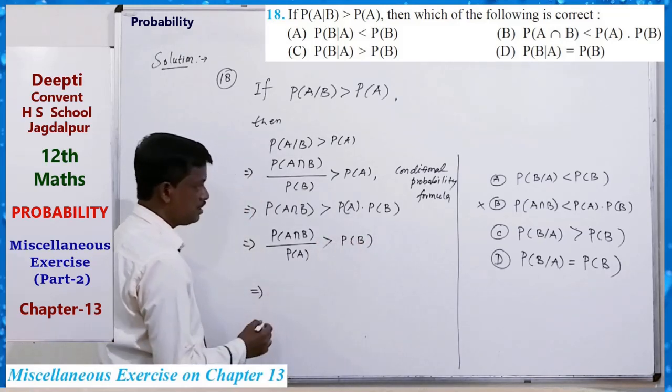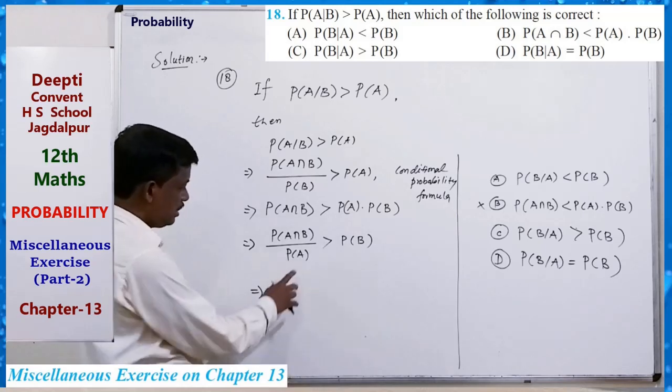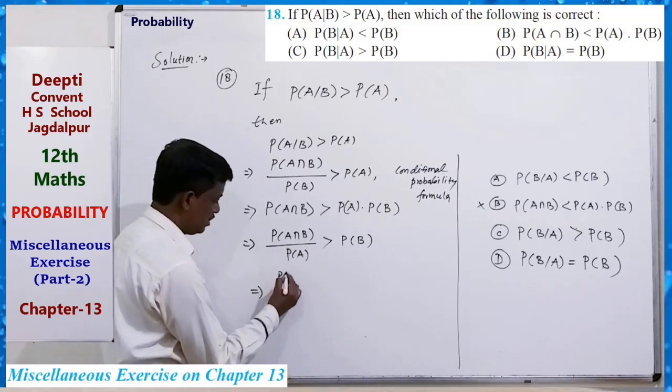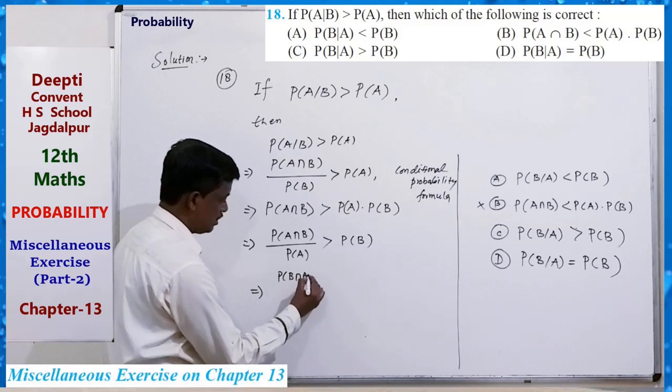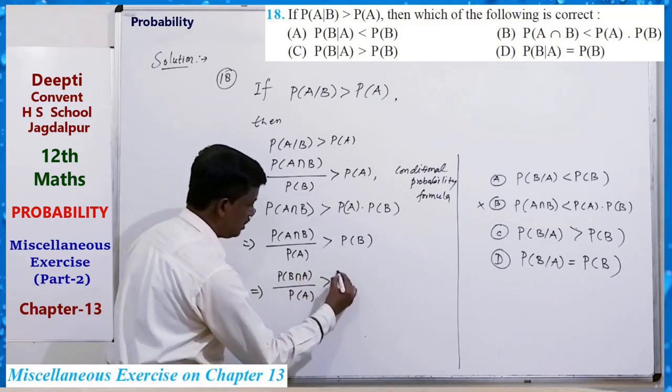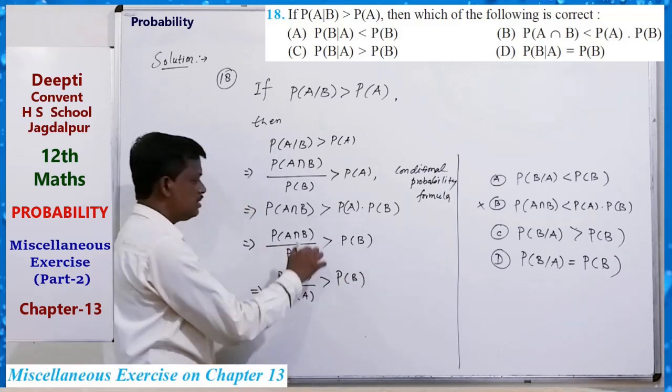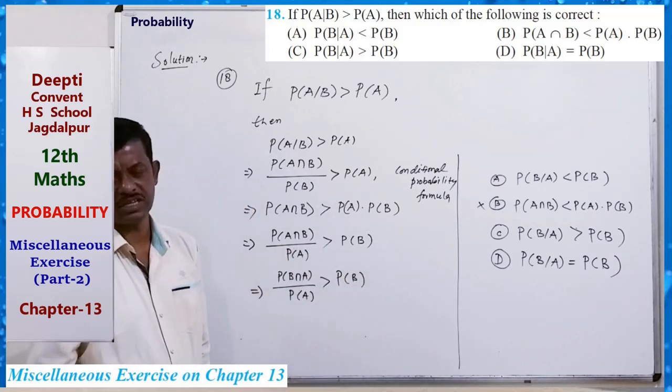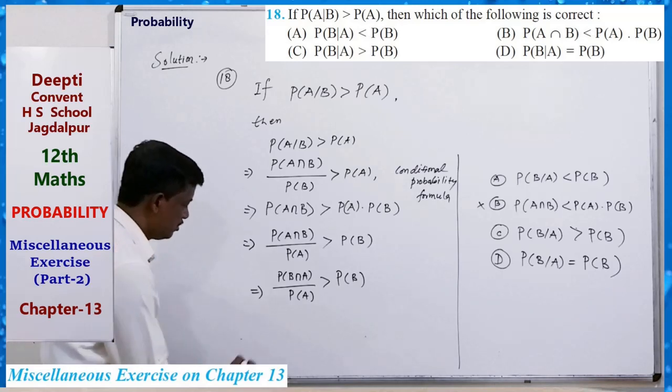Just see the conditional probability: here P(B intersection A) upon P(A) is greater than P(B), because A intersection B and B intersection A are the same.